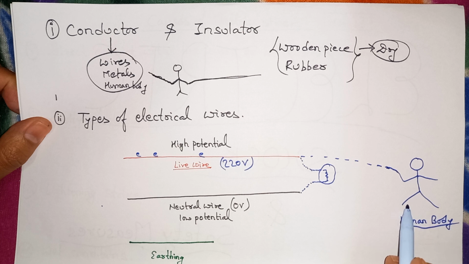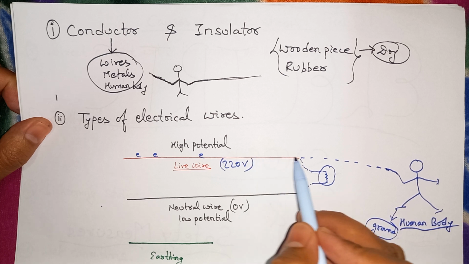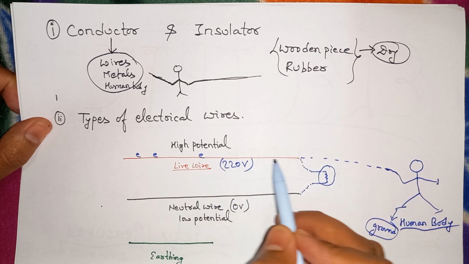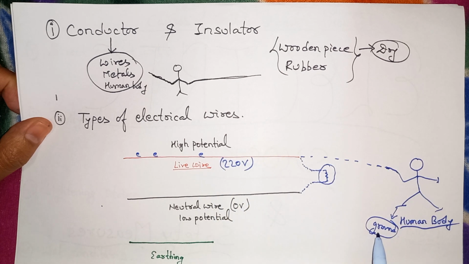If the human body, hand or head or any kind of leg, is touching the ground directly, then all the electrons flow from higher potential, that means 220 volt, to the lower potential, that is ground, which we also call 0 volt.